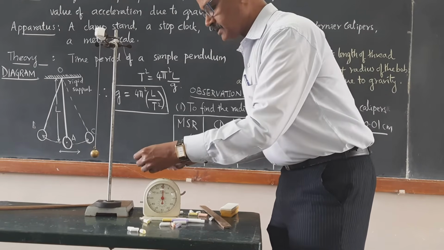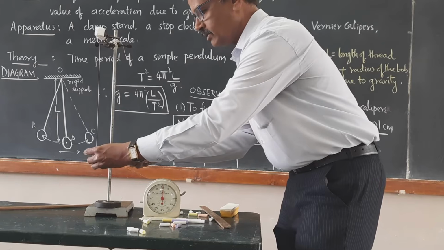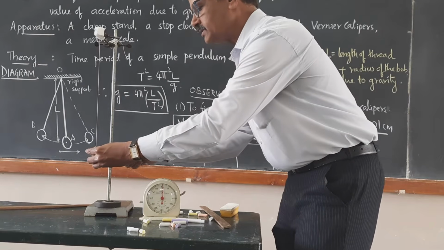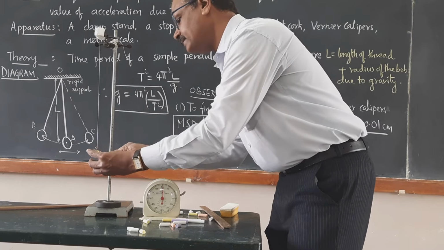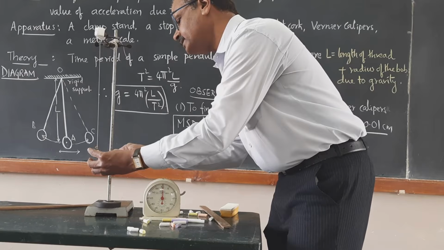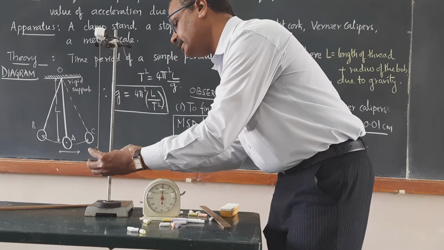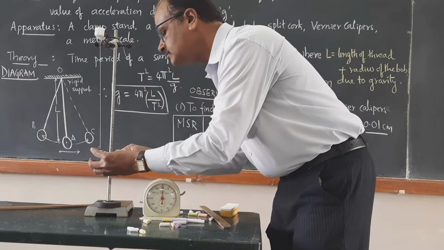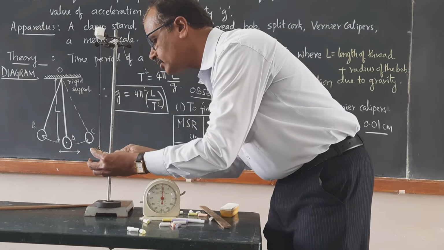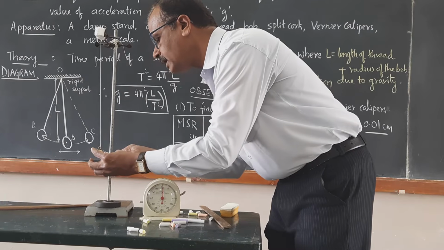So first you have to loosen this and hold it using the vernier calipers. I will find out the exact diameter. First I will find out the main scale division. Main scale division is 2.4 and the coinciding division is the 9th one.